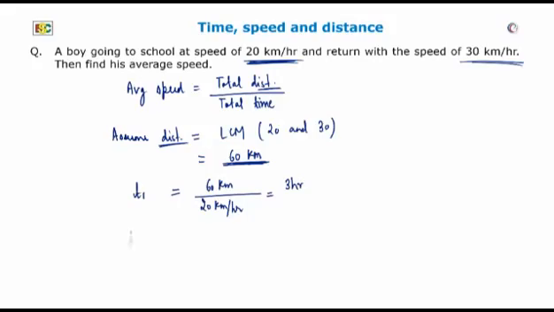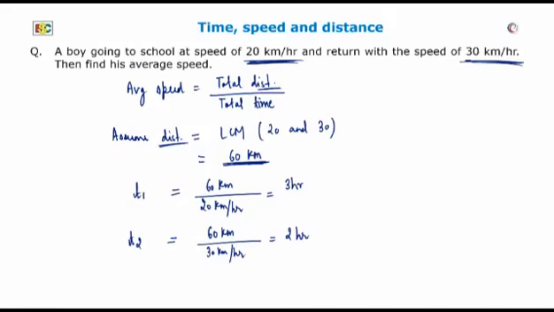After that, T2 is the time taken when the boy is coming back to home from the school, and this will be equal to 60 km upon 30 km per hour, that is 2 hours.